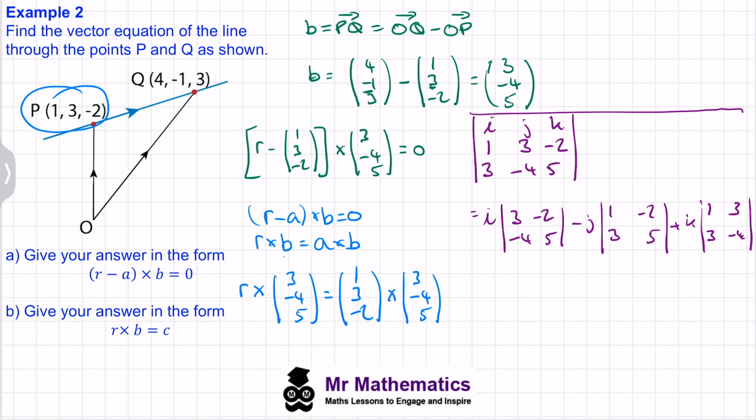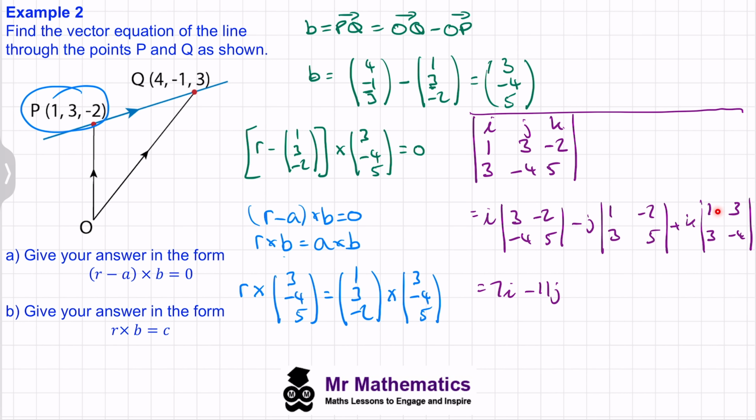And we'll work out the determinant of each 2 by 2 matrix. So we'll get 15 minus the positive 8, which gives us 7i. Then 5 minus the negative 6, which gives us negative 11j.